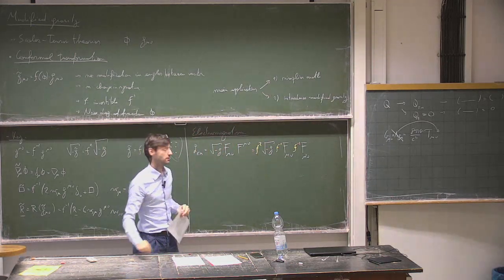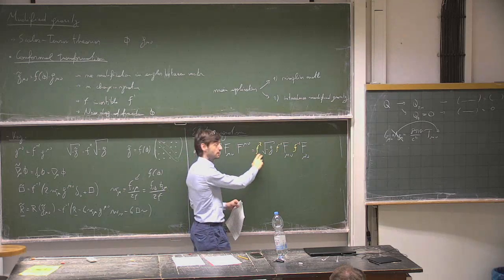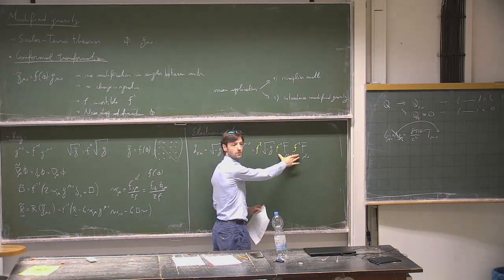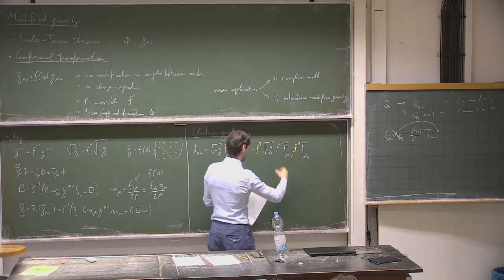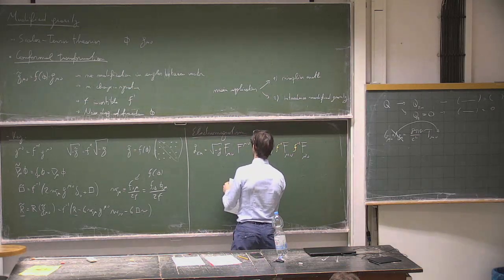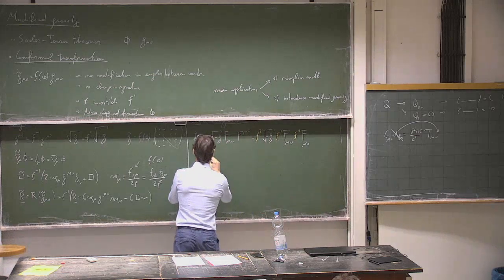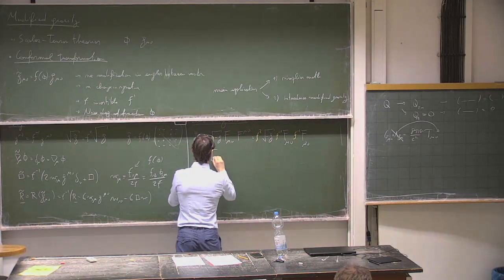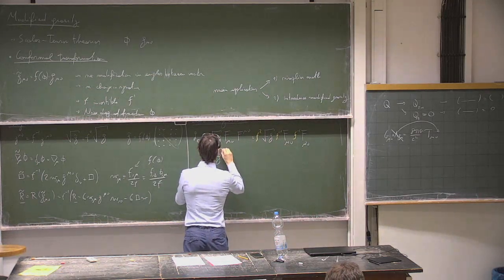I haven't done anything. I multiply by f squared, I divide by f to the power of minus 2. But rearranging the expression in this way, you see that this is actually equal to minus square root of minus g.